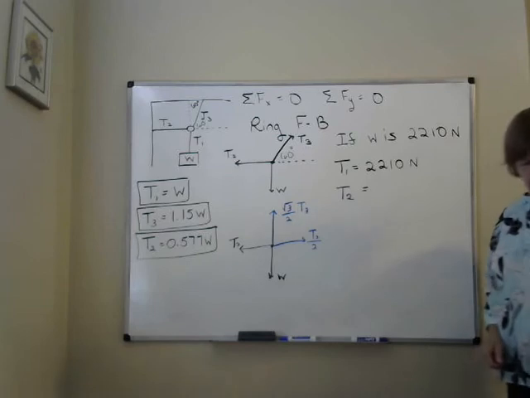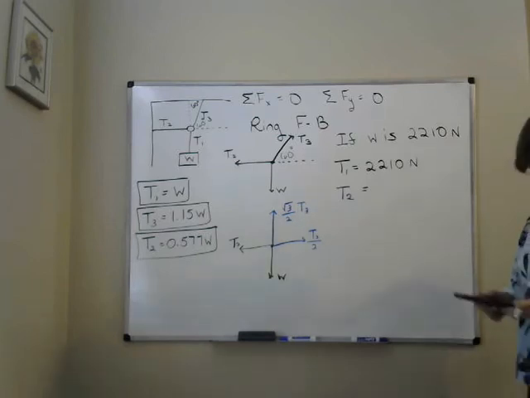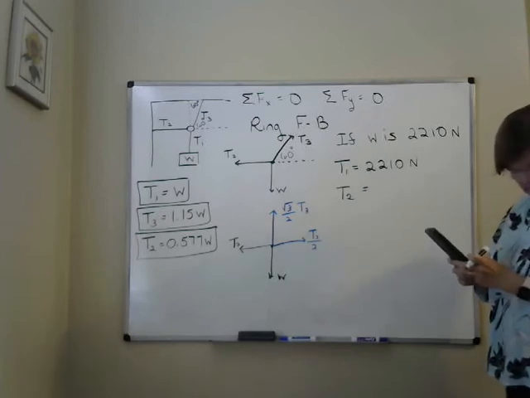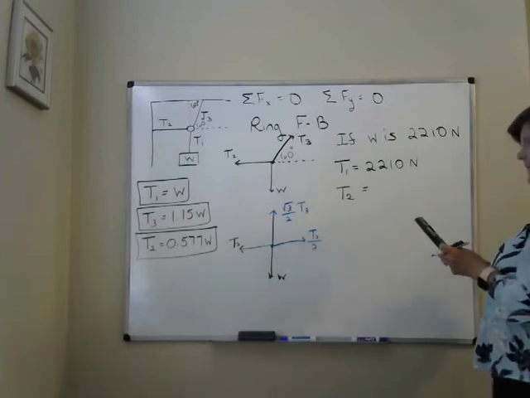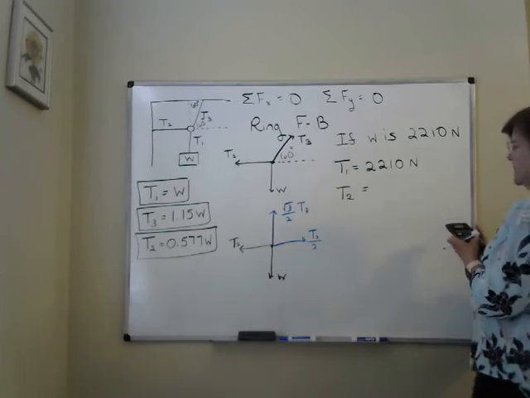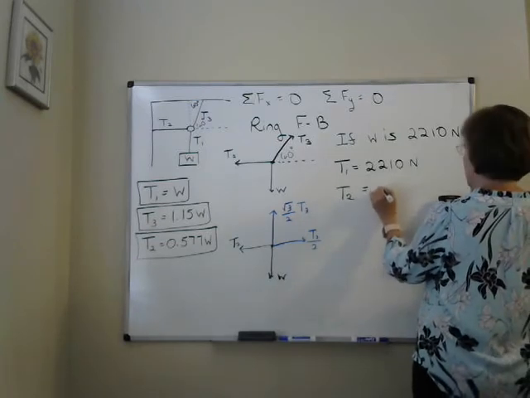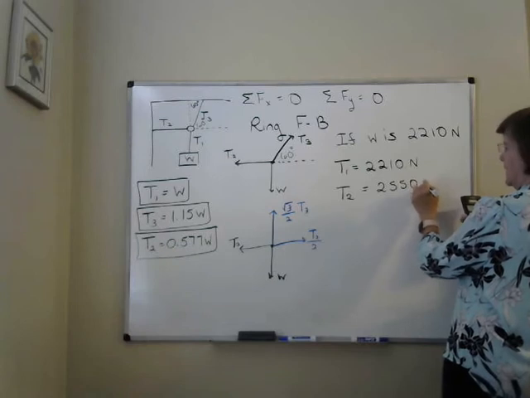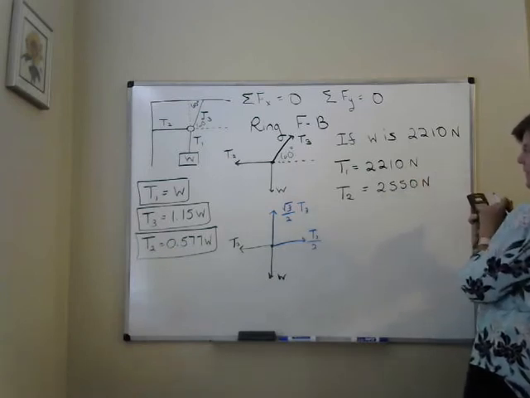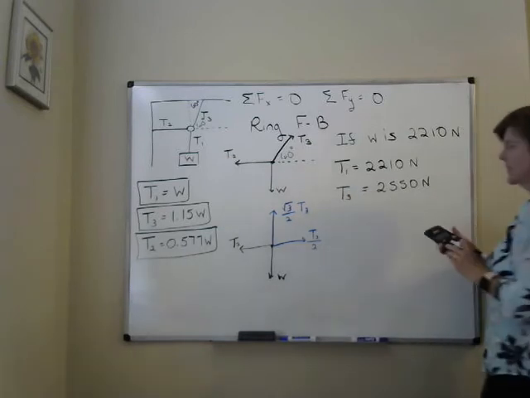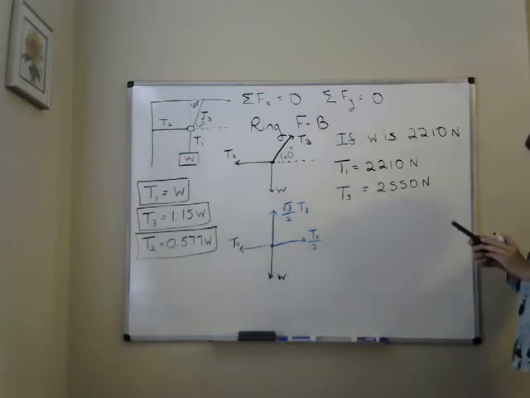T2 was 1.155. I kept an extra times 2,210. It comes out to be 2,550. Again, that's T3. I'm just keeping 3 significant digits.